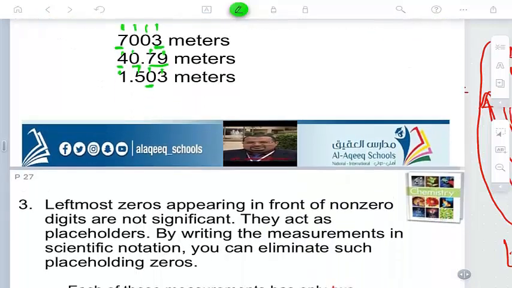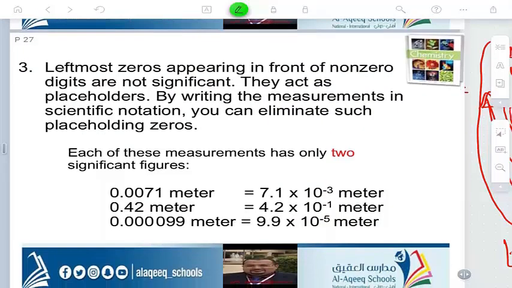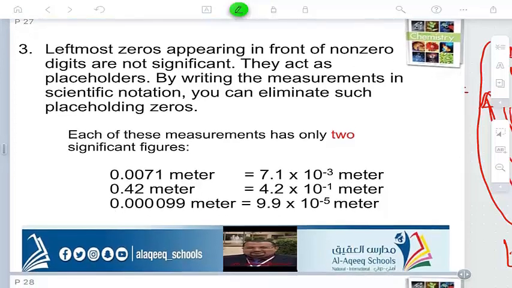This is rule 2. Rule 3: leftmost 0s appearing in front of non-zero digits. Counted or not? No, not significant. How come? Look, you have zeros here, but not between non-zero values.